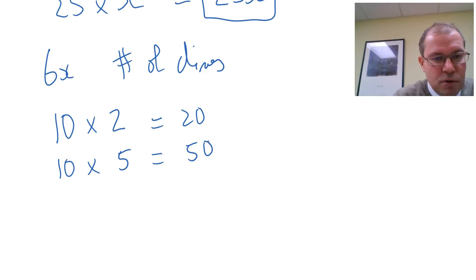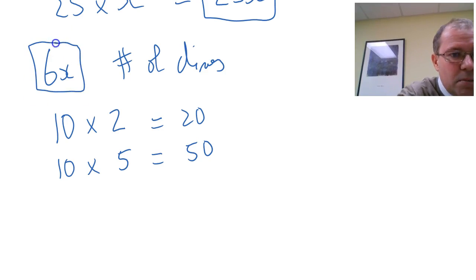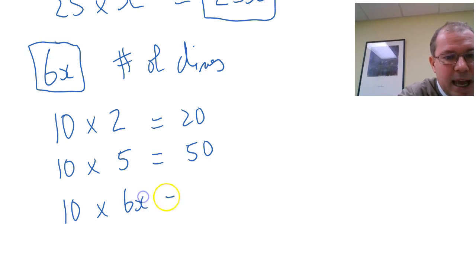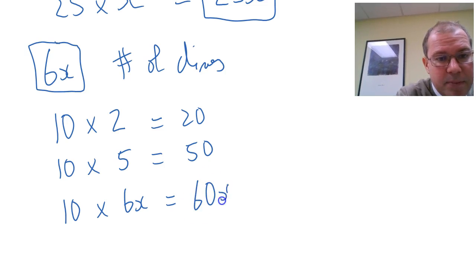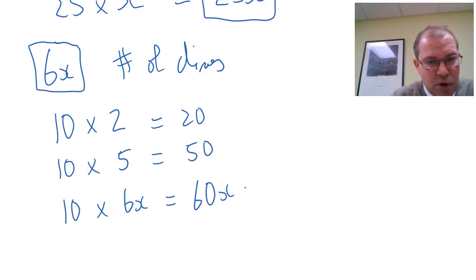I don't have 2, well, maybe I do, I don't know. But we have 6x number of dimes. So it's 10 times 6x, because 6x is the number of dimes we have. So the total amount of money Emily has in dimes would be 60x, because 10 times 6 is 60, and we don't need the multiplied sign, because the number next to the letter means multiply.